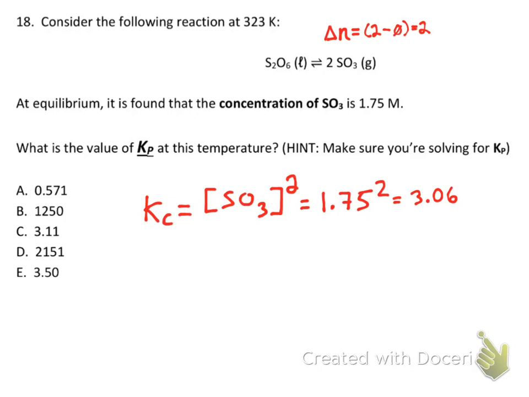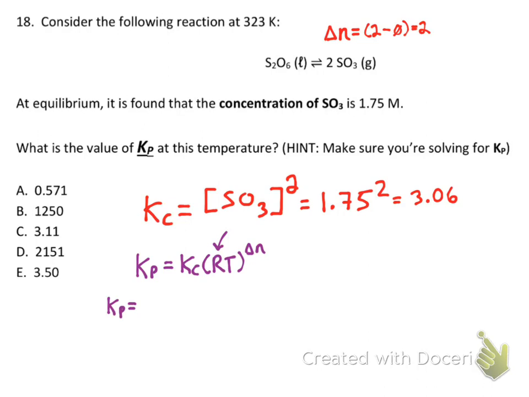So we need an equation. Do we have an equation to relate Kc and Kp? Yes, we do. Kp equals Kc times RT to the delta n. And remember, this is the one time in the course where for R, we'll use the gas constant version 0.08206 liters atmospheres per mole Kelvin.